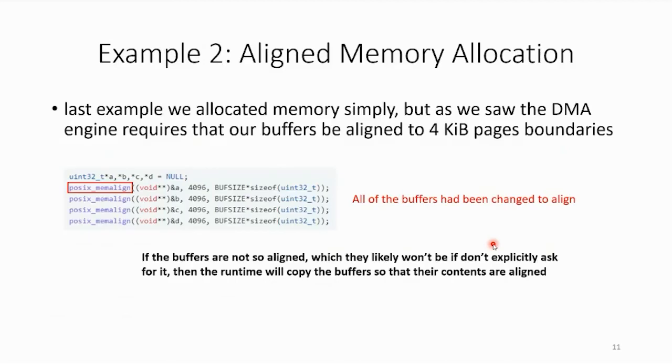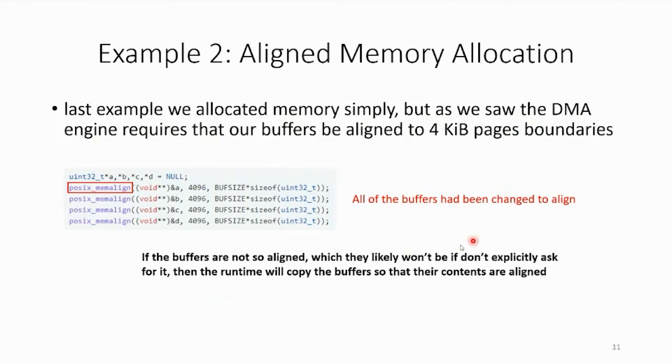Okay, so in example 2, in the previous example we allocated the memory in the simple way. The DMA engine requires the buffer to be aligned to 4K bytes.